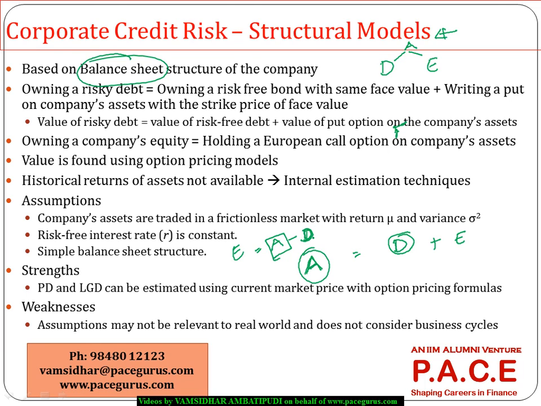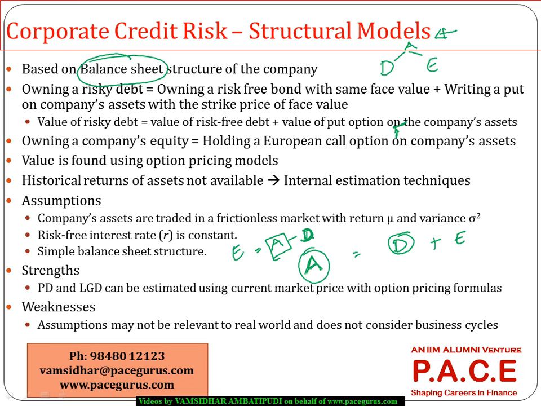If the assets are greater than the value of the debt, because the equity investors have the residual stake on the assets of the company, in case the assets are sold off, the whole debt can be paid off to the lenders, and the remaining, whatever is left, will typically go to the equity investors, right?